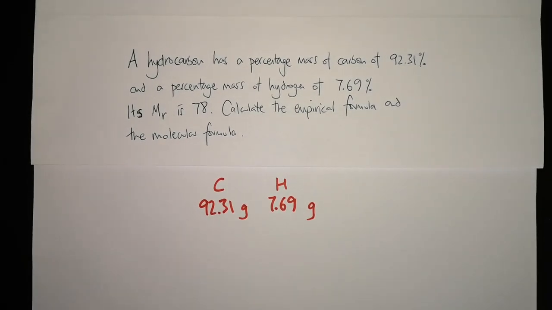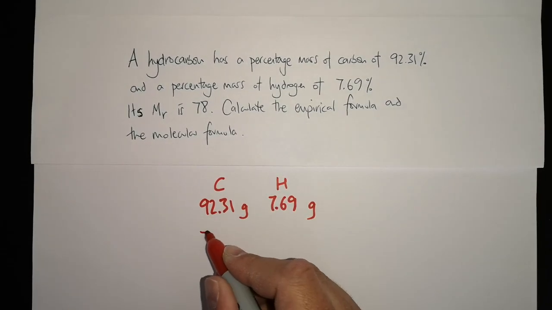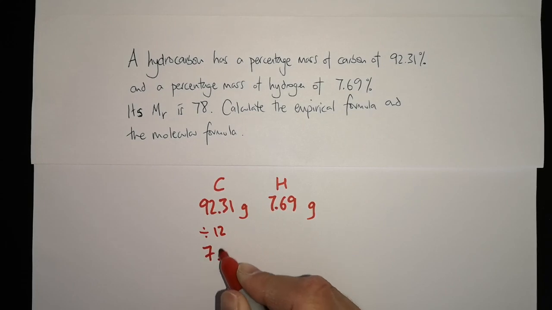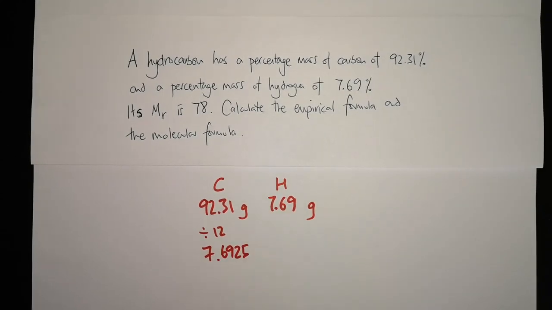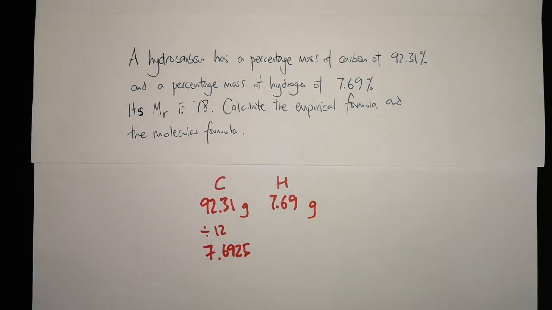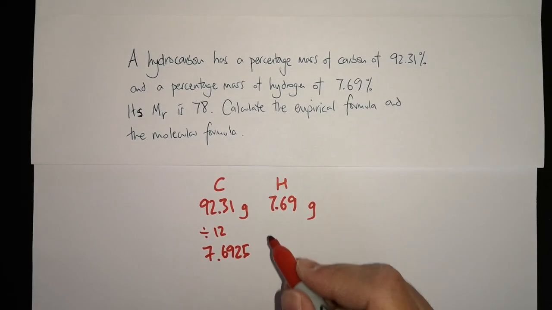What I can then do is work out the number of moles of each one. So if I do 92.31 divided by the atomic mass of carbon, which is 12, then I get an answer of 7.6925. I will do the same thing for hydrogen. Hydrogen's atomic mass is 1.